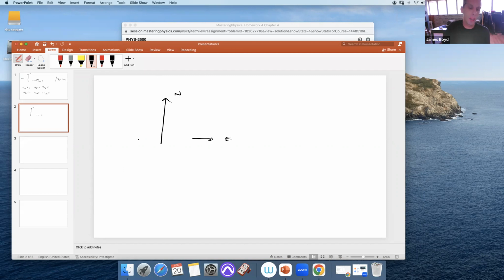He's going to need to paddle at some angle to the x-axis so that the x velocity of the kayaker cancels out the velocity of the river, and then whatever's left over in the y direction will be his speed straight across. But we need to know what direction that is.